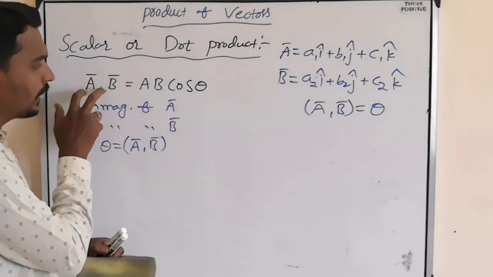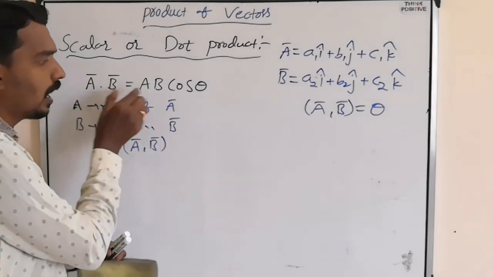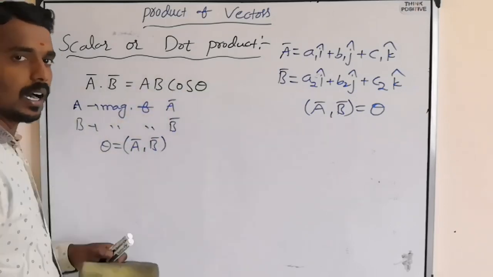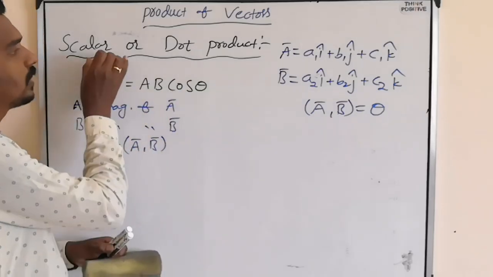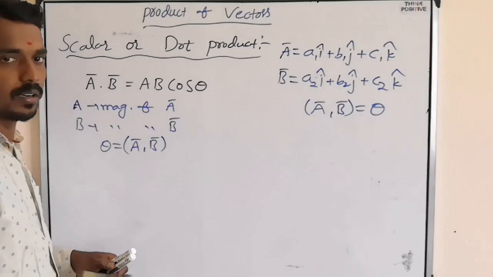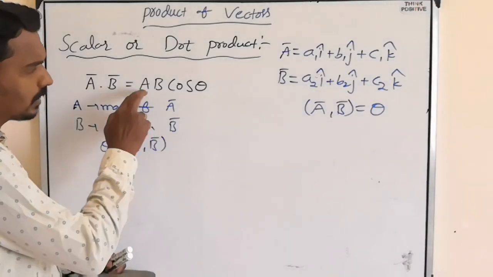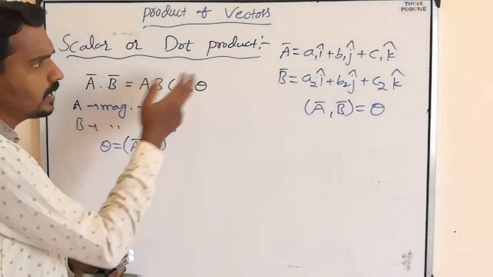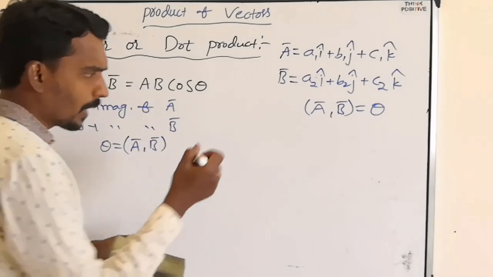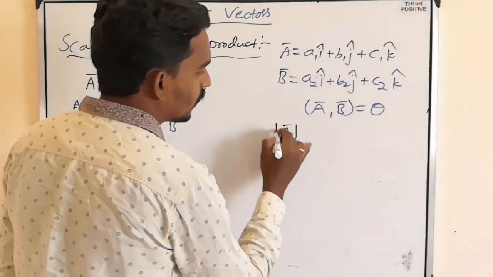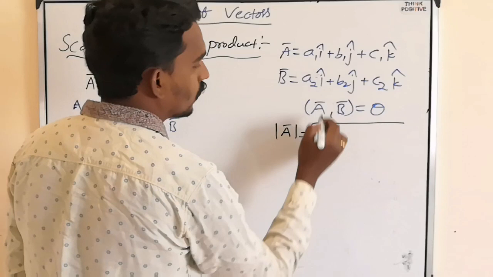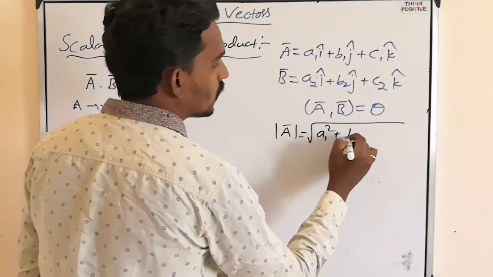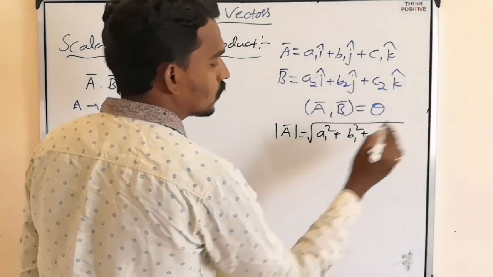So when you multiply two vectors such that the result is a scalar, it is called dot or scalar product. On the right side, a is the magnitude of a. How to find the magnitude of a? We know it: under root a1 square plus b1 square plus c1 square.